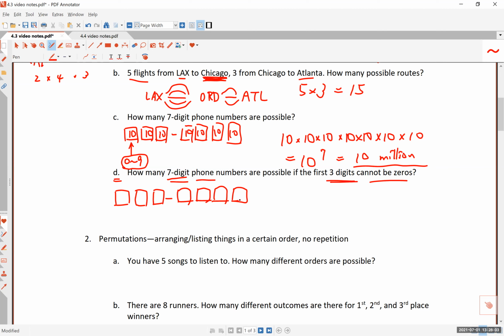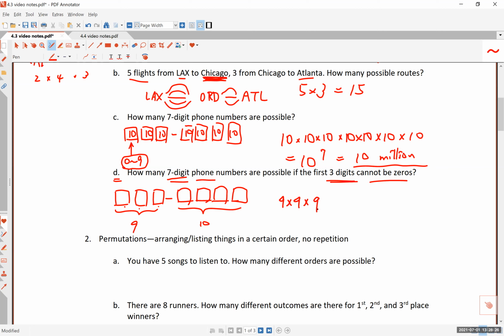You are filling in these blanks here, but the first 3 digits can't be 0. So here you're only allowed 1 through 9. That's 9 digits, right? For these last 4, you can have 0, so any of the 10 digits will be okay. You see the problem here?